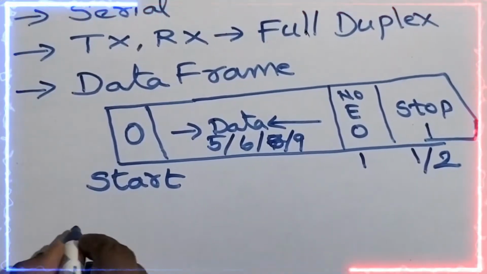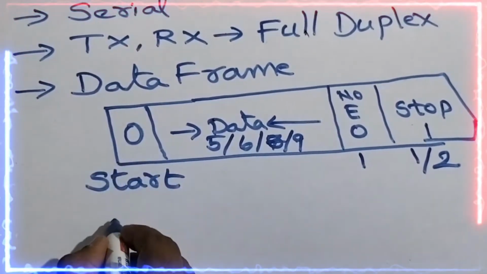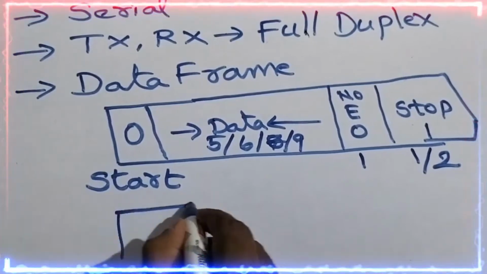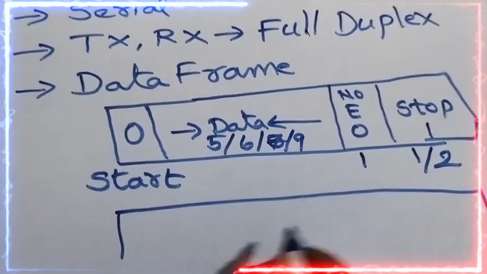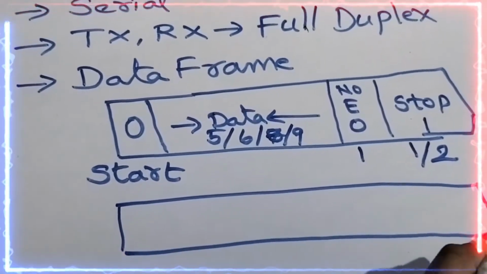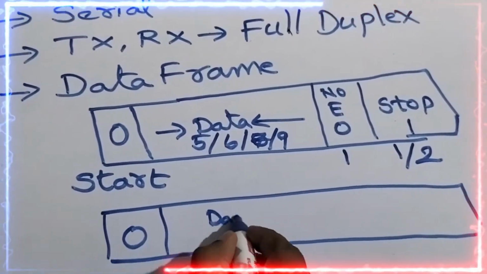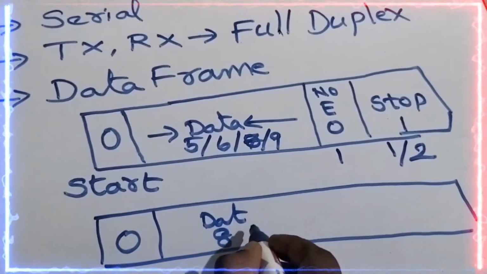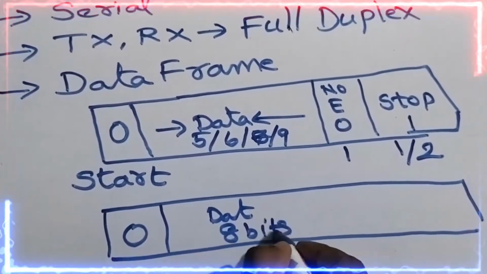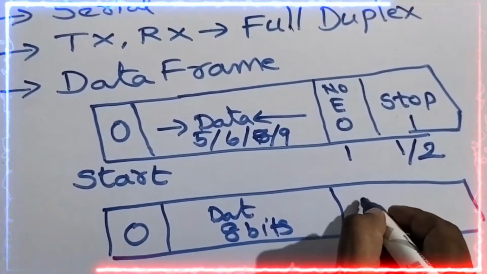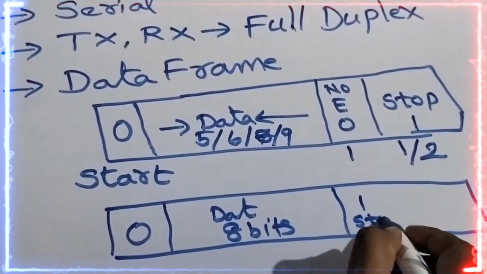Now let us see the typical data frame or data packet, friends. Start bit 0, data typically 8 bits, no parity and one stop bit.